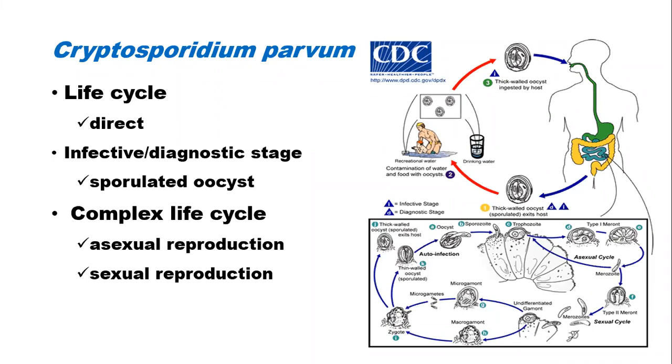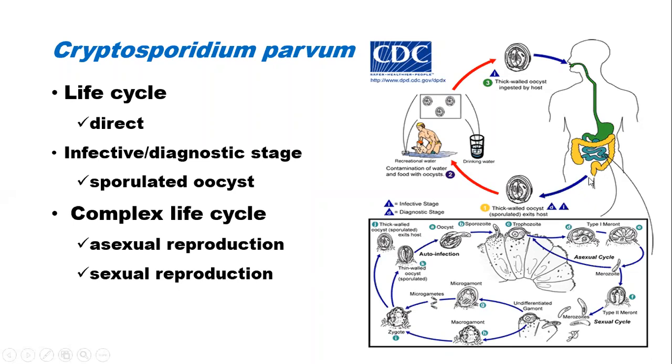If you recall from your malaria parasite lecture, we mentioned that a complex life cycle means that you have asexual reproduction, followed by sexual reproduction, then another asexual reproduction, and it goes on like that. Unlike the malaria parasite, there is no insect vector involved in the transmission of this agent.